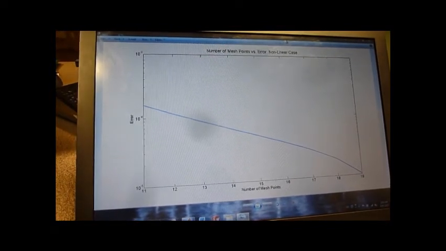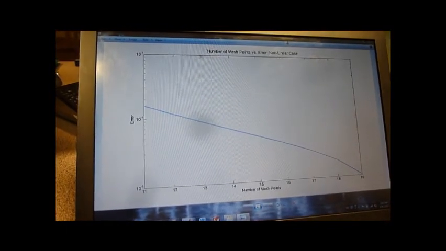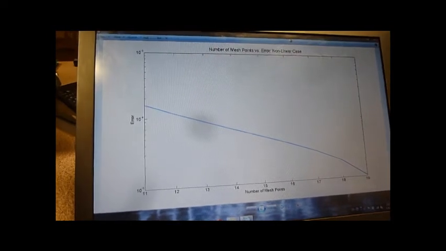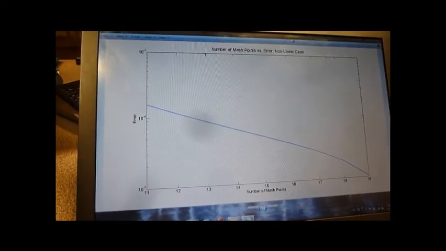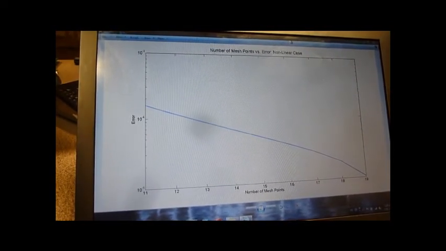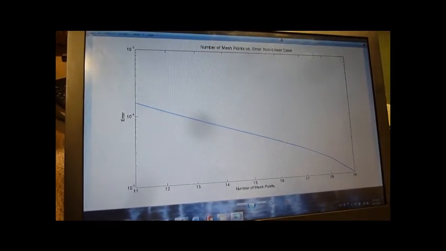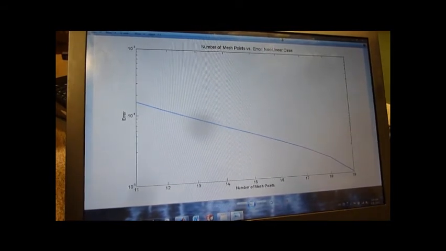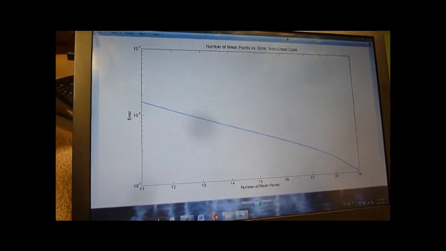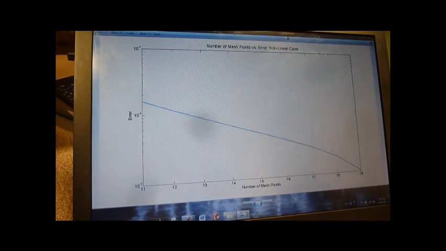So increasing the number of mesh points really is a very effective way of getting your error down. However, if you increase it too high, you will hit an unstable function, and then you can't go any higher without changing your dt.